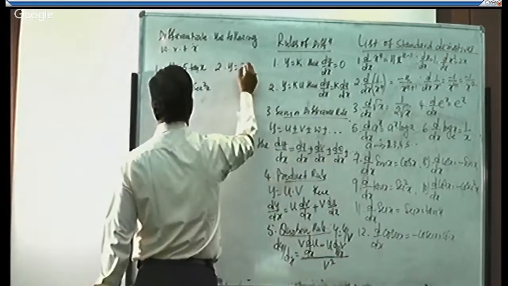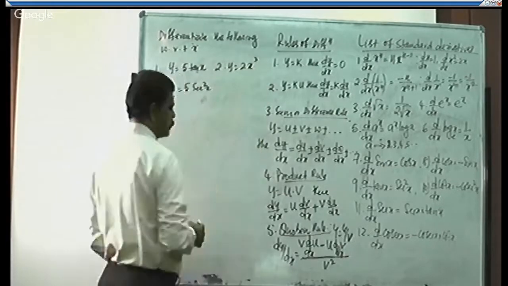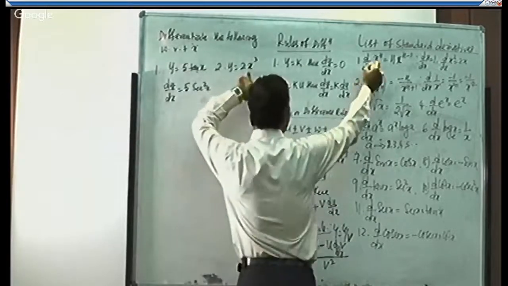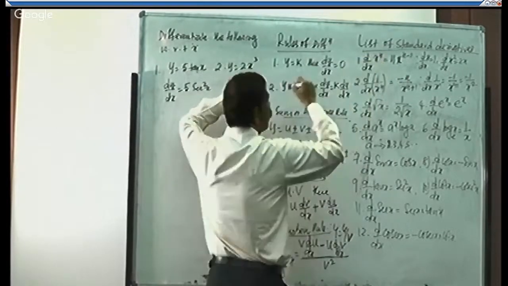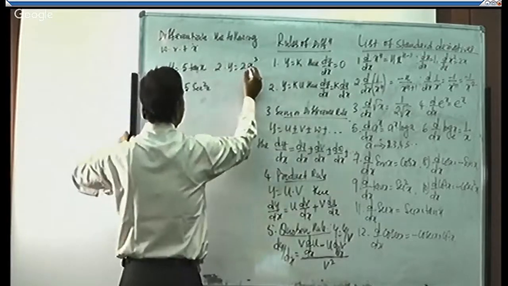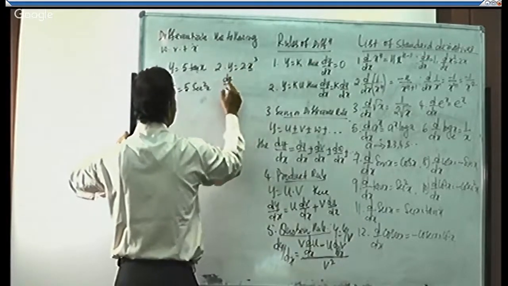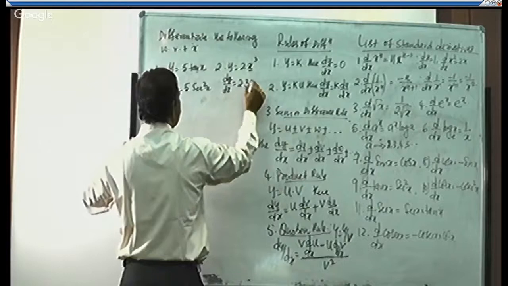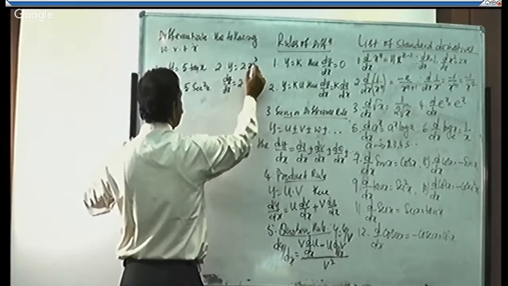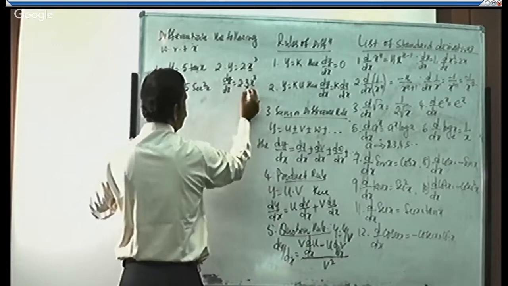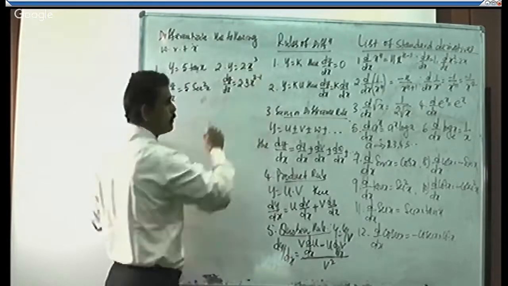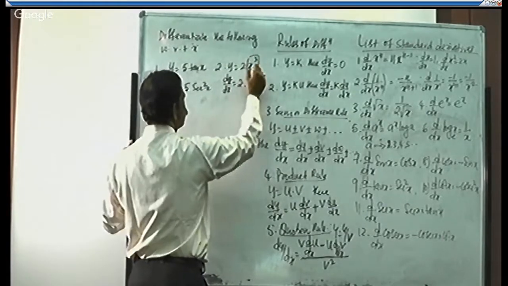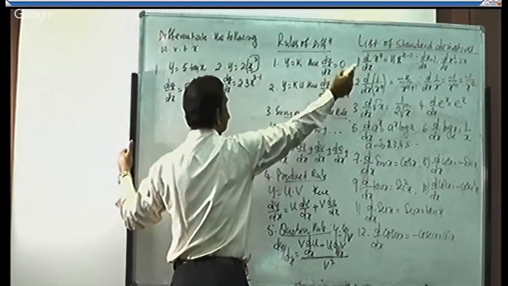Y is equal to 2x cube. X cube is of x to the power of n form, and it is a constant into x term. Dy by dx is 2 into differentiation of x cube, that is, constant into differentiation of x to the power of n, which is n into x to the power of n minus 1.